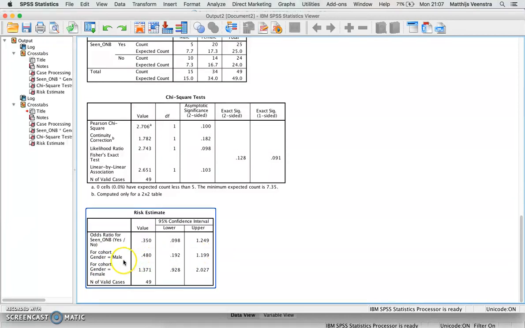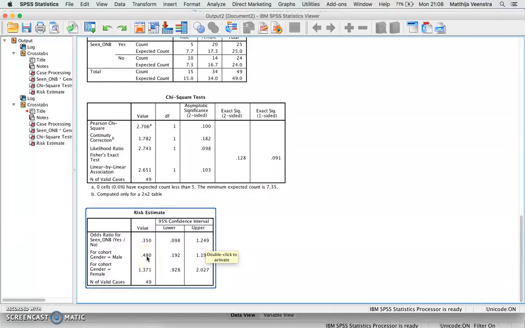What this tells you is that for the category female, the chance that you'll say, yes, I've seen Orange is the New Black is 1.3, about 1.4 times higher than that you'll say no. As we can see, it's considerably lower among men.